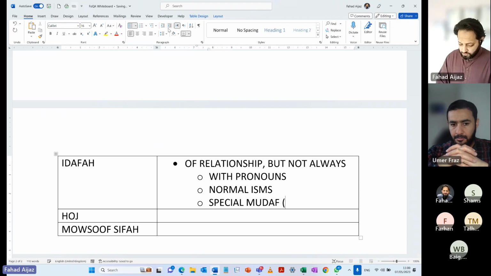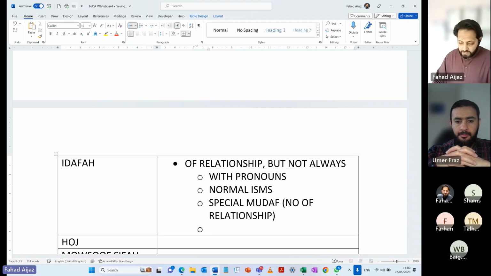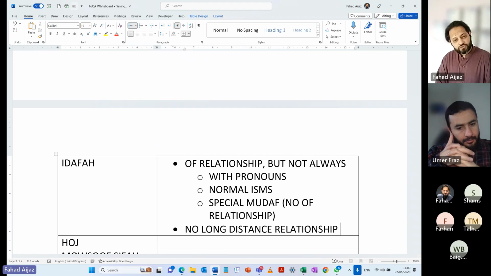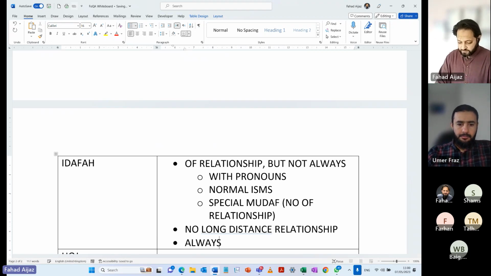So no of relationship there. Now in the idafa case specifically, there is no long distance relationship. Both isms should come immediately after each other. It's always between two isms.